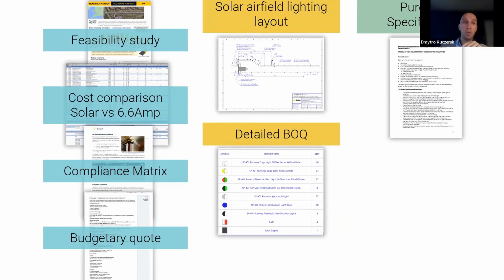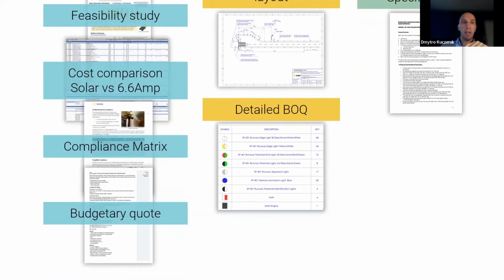And this document is used to make sure that the solar system is pre-approved at this stage of the conceptual design. At the end of this stage, we also can provide a budgetary quote. So again, the consultant can pre-approve the solar system with the customer.